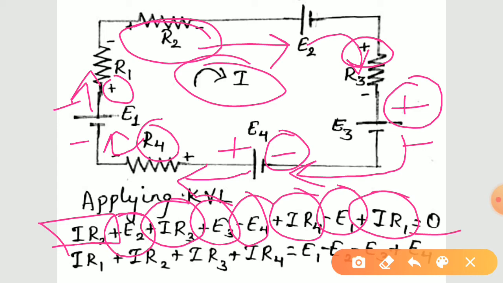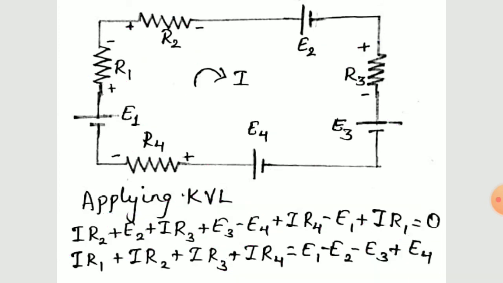On equating the summation of all voltages to the summation of all products of I and R, I write the equation as IR1 plus IR2 plus IR3 plus IR4 is equal to E1 minus E2 minus E3 plus E4. Thank you.